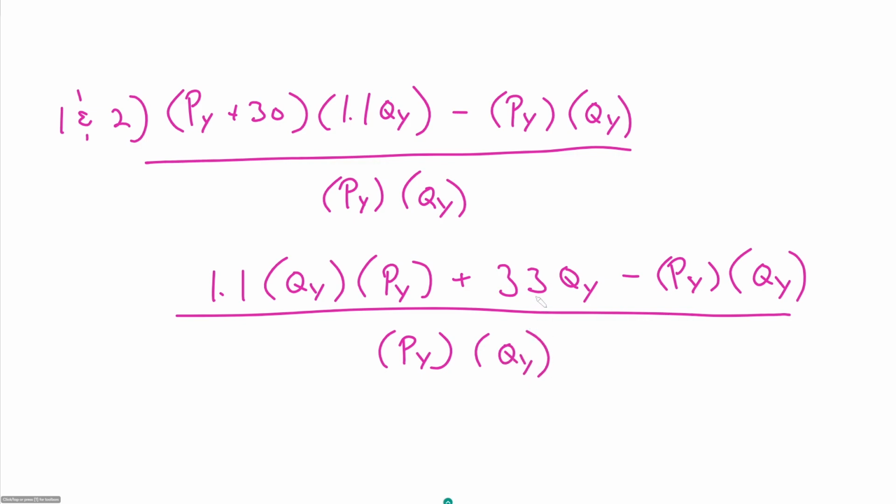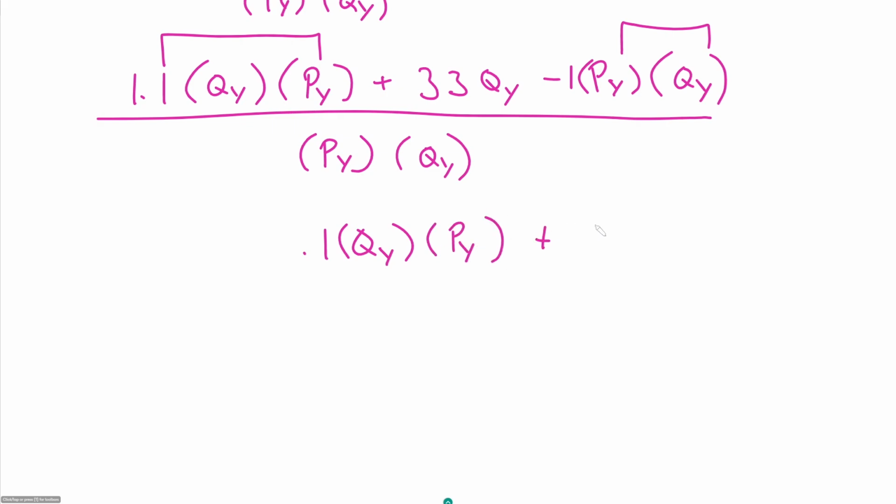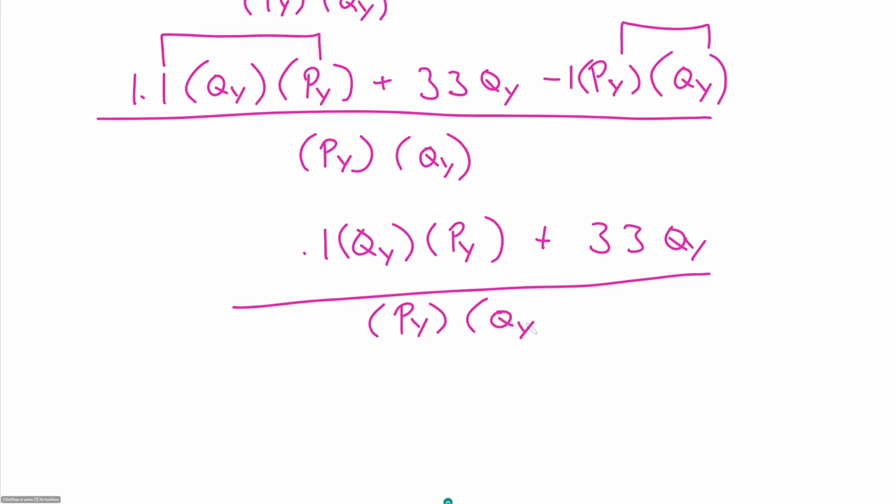And so I can combine my terms here. So 1.1, because we have a coefficient of 1 here. So 1.1 minus 1 is just 0.1. So I get 0.1 QY PY plus 33 QY all over PY QY. And this really is as far as we can go. Nothing else can be combined or canceled out.